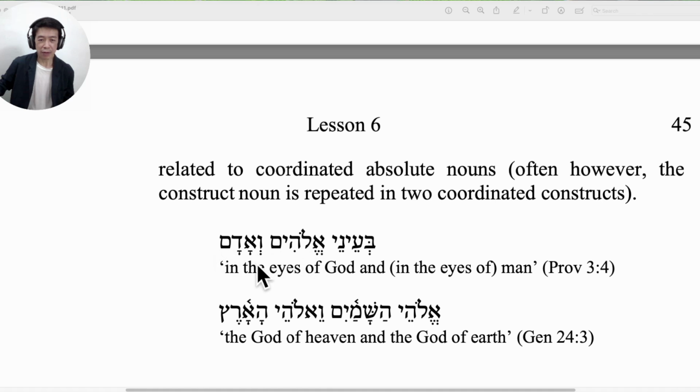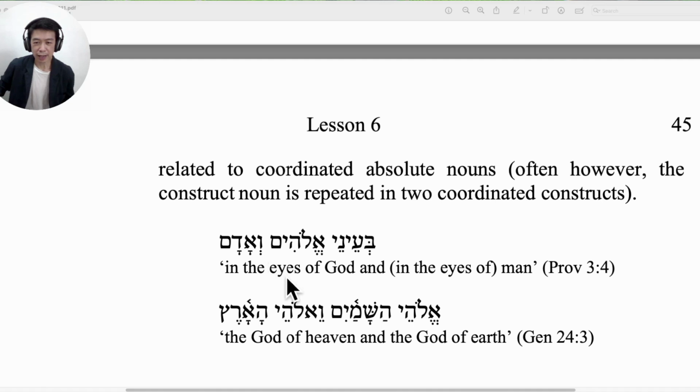And in the eyes of God and in the eyes of man. So notice that this word Elohim is plural in form. I shall not comment on the theological aspect of this word, but it's indeed plural. It's interesting that we can see more details in Hebrew when we read the source language of God's words.